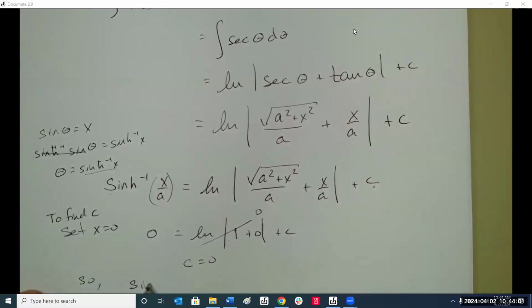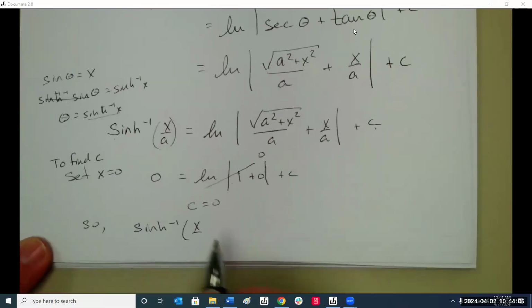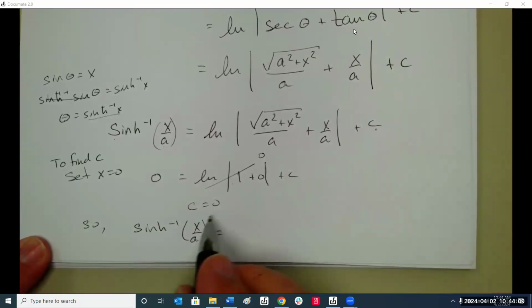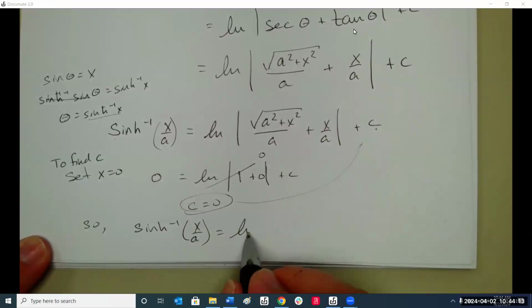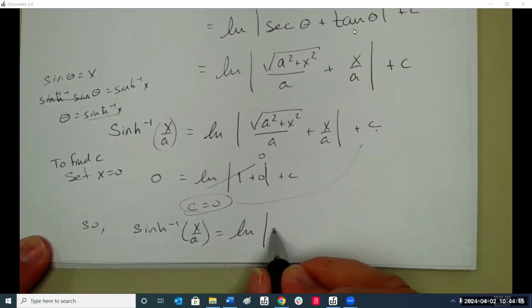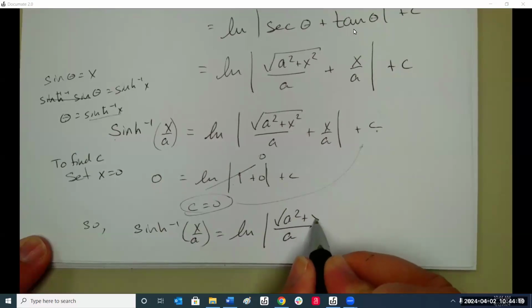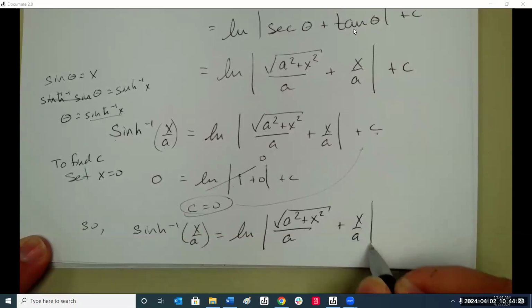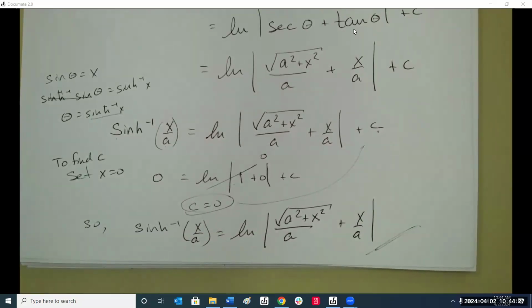So our inverse hyperbolic sine function, since c is equal to 0, simply becomes the function. And that's all we have to do.